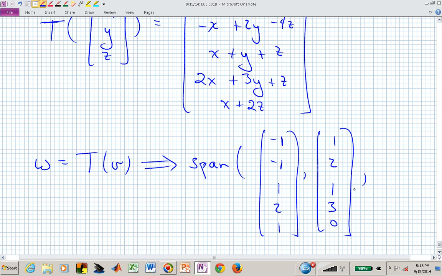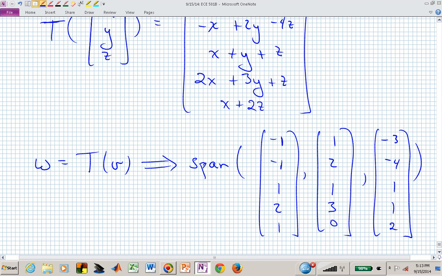And then we could set x and y to 0 and let z be 1, and we have (-3, -4, 1, 1, 2). Now any linear combination of those will span W. Yes?